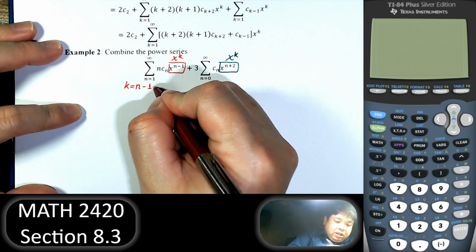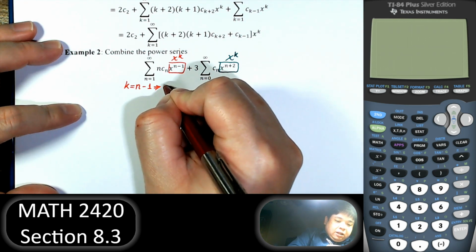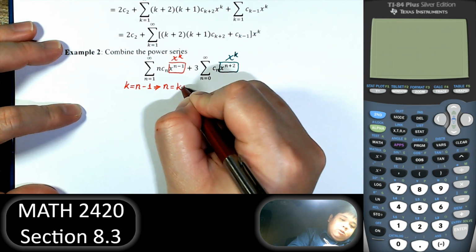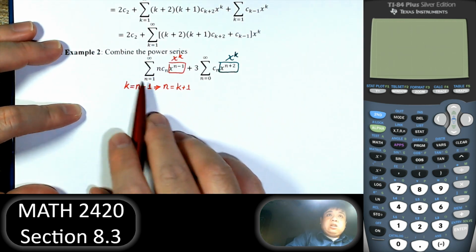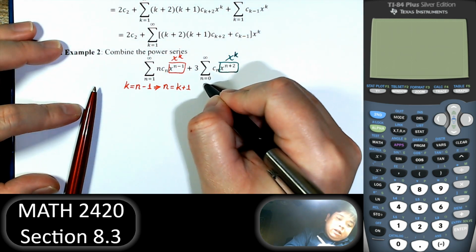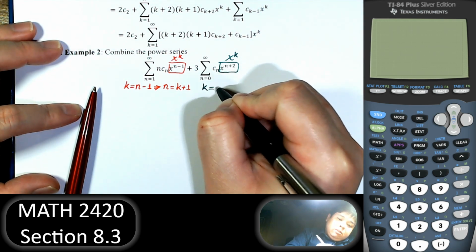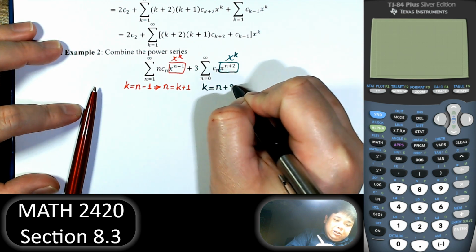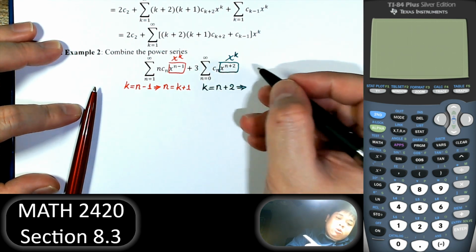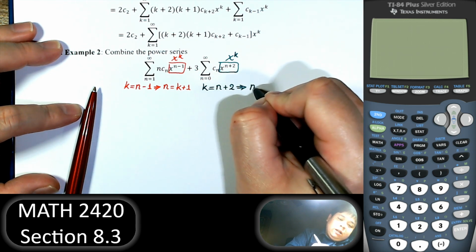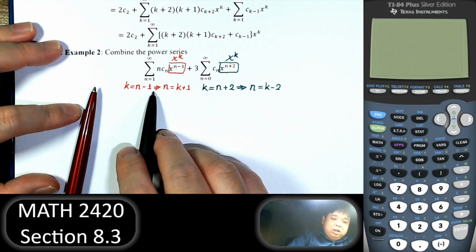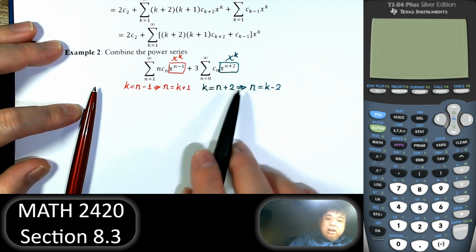If that is the case, n is equal to what? Plus 1 on both sides, k plus 1. So for the first series, that's what we use. On the second series, k equal to n plus 2. So subtract 2 on both sides, n equal to k minus 2. So the first series we're going to use this, the second series we're going to use that.